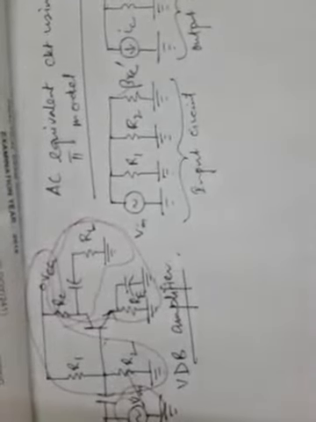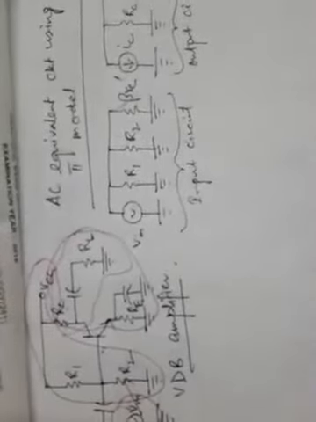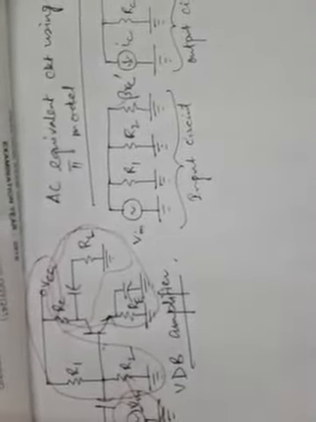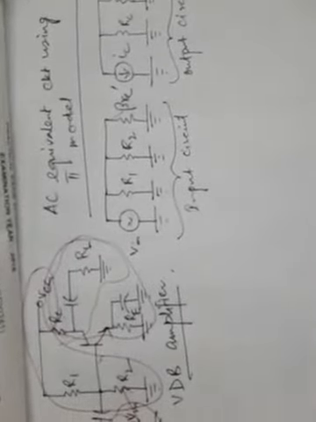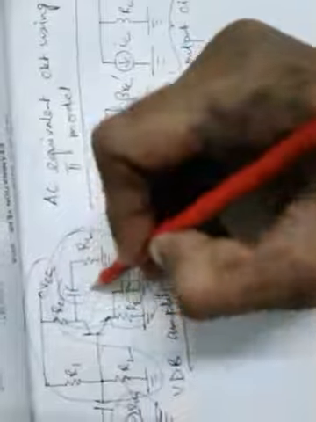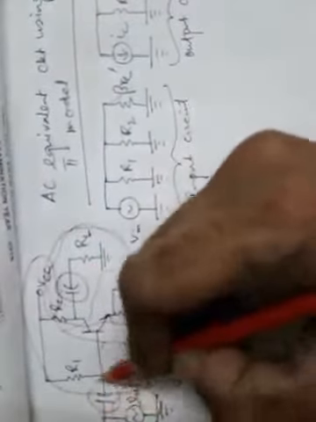So this is the representation. Now let us analyze. The analysis is the same as the base biased amplifier. All the capacitors, that is this one, the load coupling capacitor, and another the source coupling capacitor, the two coupling capacitors, and also the AC bypass capacitor, should be shorted for representing the AC equivalent circuit, and the DC supply point, which is plus VCC in this case, should become shorted to ground.